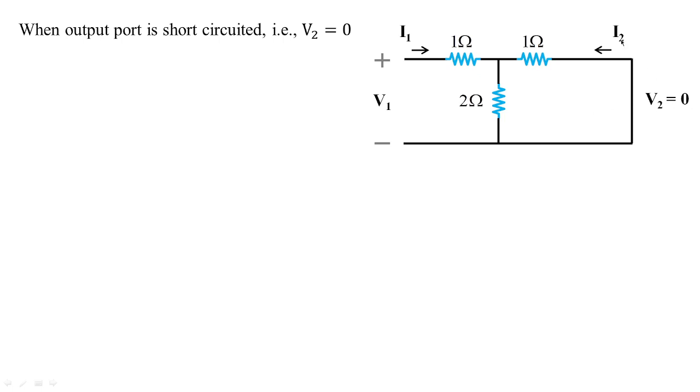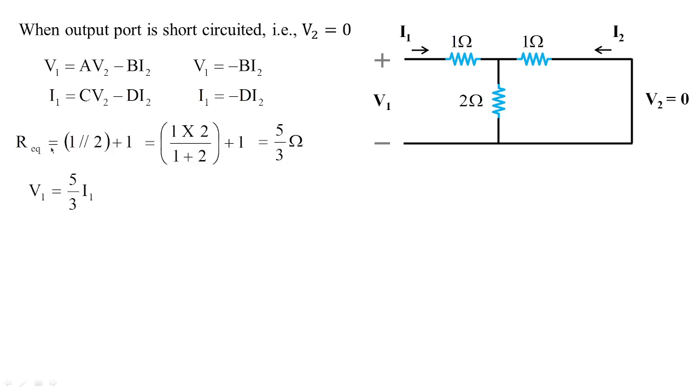Is this clear? Now from standard ABCD parameters, we have V1 is equal to minus B I2, I1 is equal to minus D I2. So I take R equivalent looking at the input port side. R equivalent is 5 by 3 ohms, because you have 1 and 2 in parallel connected in series with 1. So 2 by 3 plus 1 gives 5 by 3.